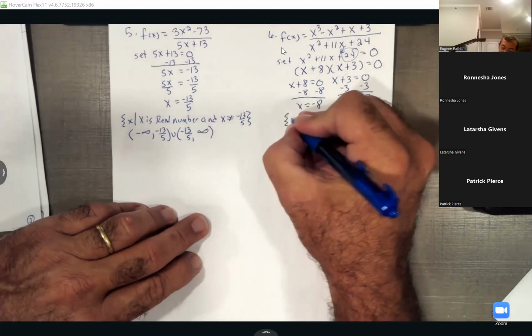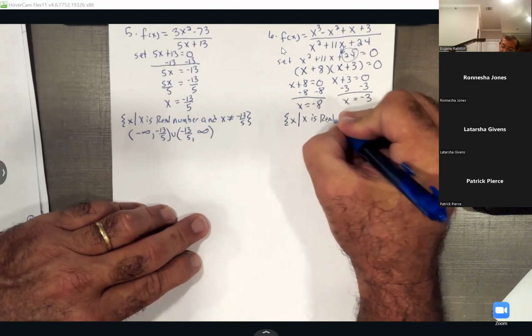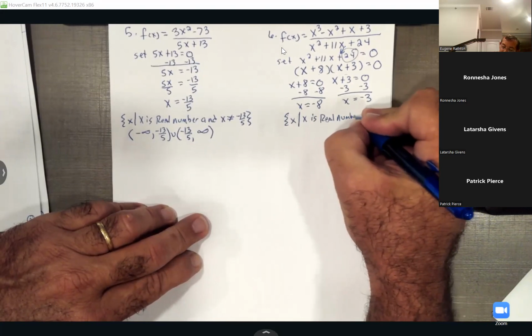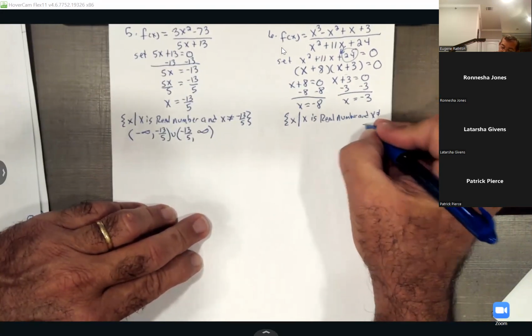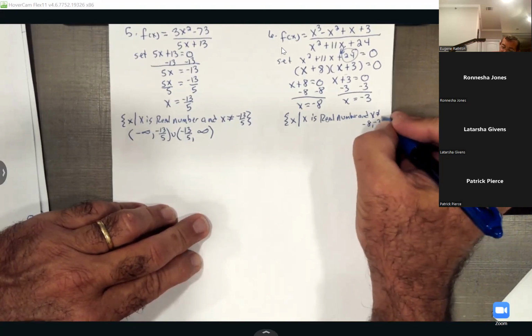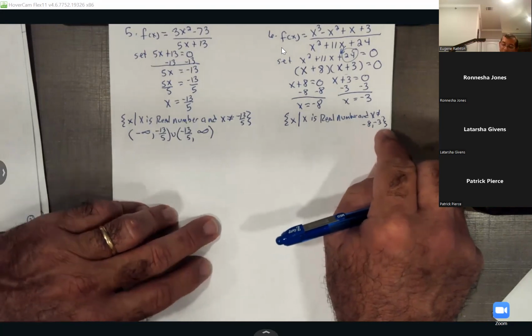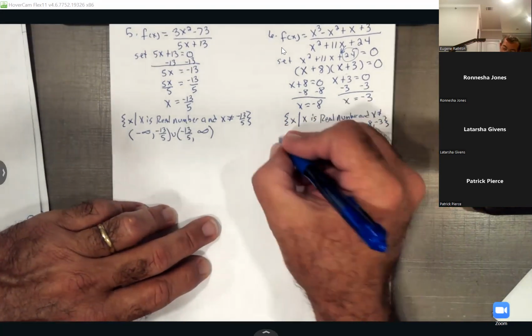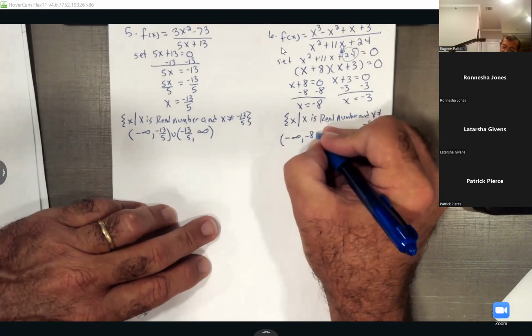So for the last one, x such that x is a real number, and x cannot equal -8, comma, -3. So put them in order from small number to the larger. And then negative infinity until you hit -8.